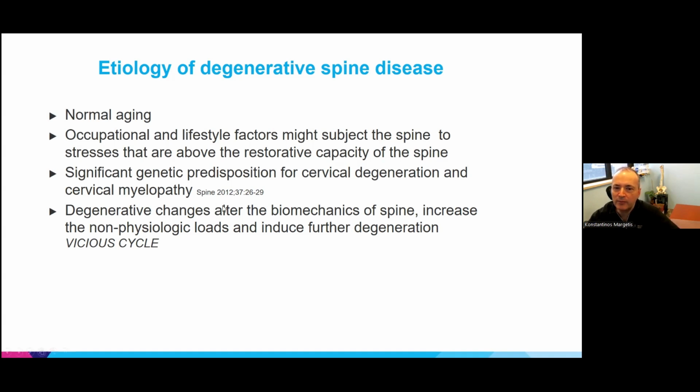But we now believe that genetic predisposition is, if not one of the most important factors for developing spine problems. And with the spine, once we start having some degenerative changes, that changes the biomechanics and the anatomy of the spine, and then it promotes further degeneration. So it creates like a vicious cycle. So there's a problem, then it brings more problems. And again, it's a vicious cycle.